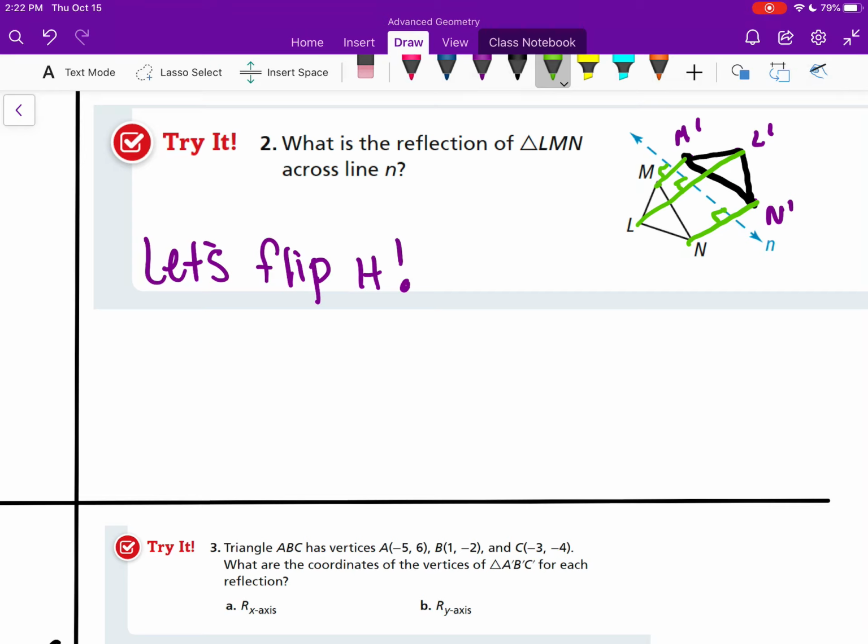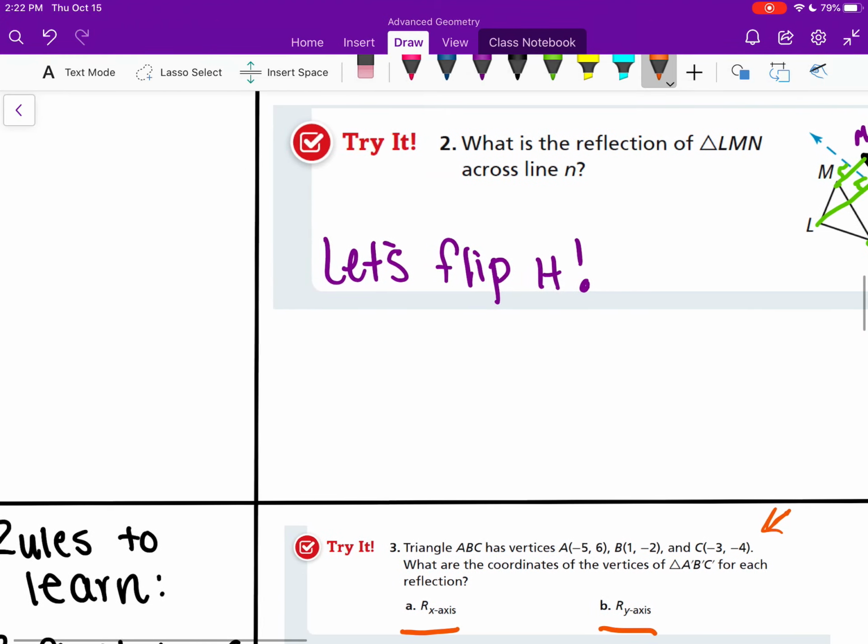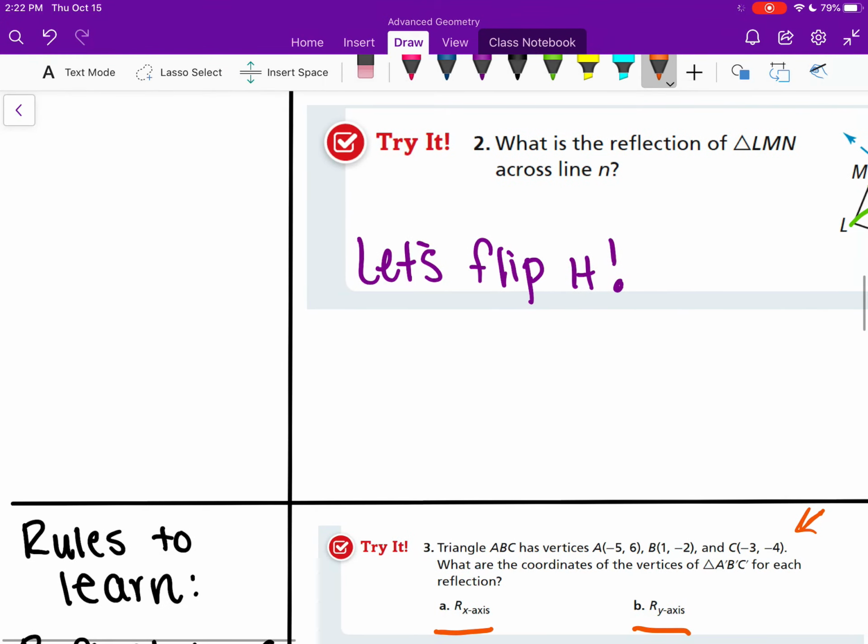And there is. So without graphing, we're going to learn the algebraic rules for what happens when we reflect over the x-axis and the y-axis. There's a little shorthand trick of what we can do with those points. So you're going to take those notes on the left side where you have that column of note space. So some rules we need to learn.